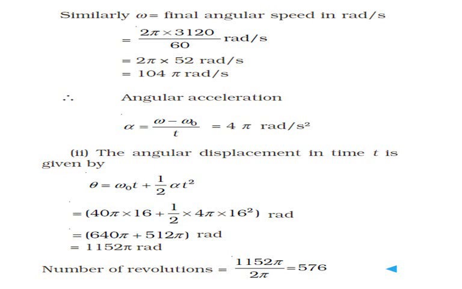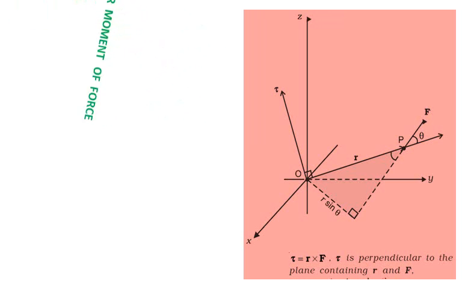The angular displacement will be calculated by using the second equation of motion, theta is equal to omega naught t plus half alpha t square, and by putting all the values you will get 1152 pi radians. The number of revolutions will be angular displacement upon 2 pi, and that will be 576.